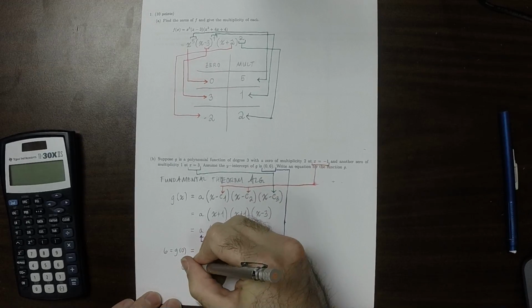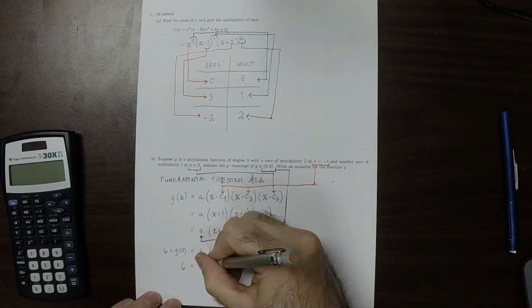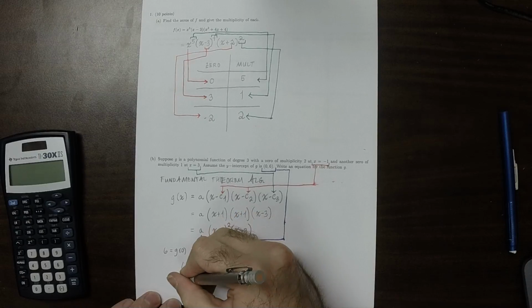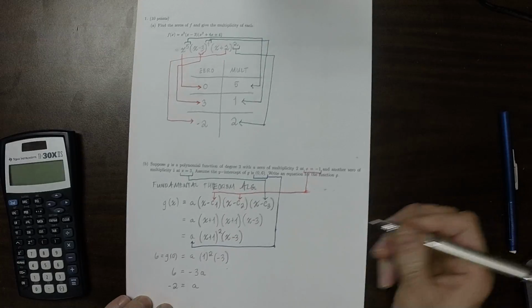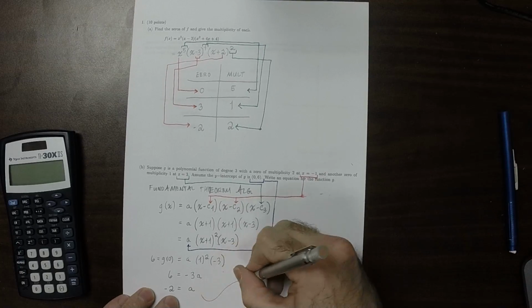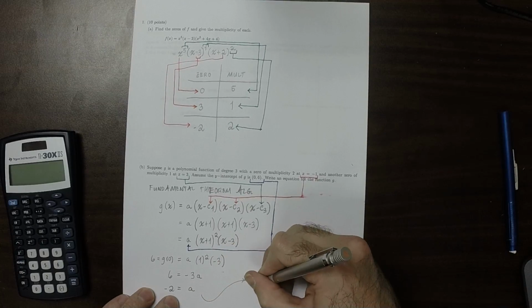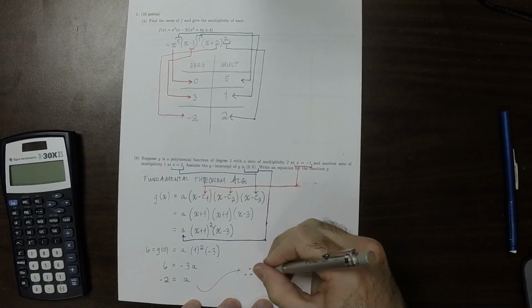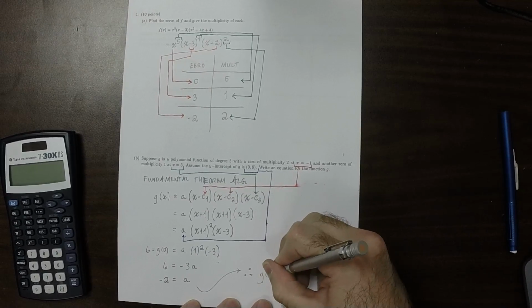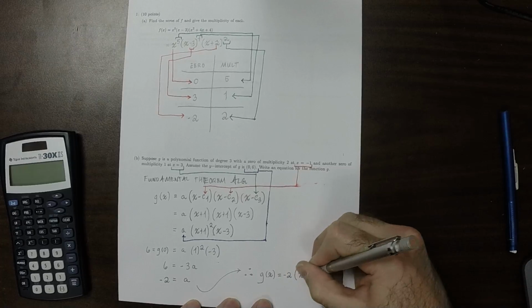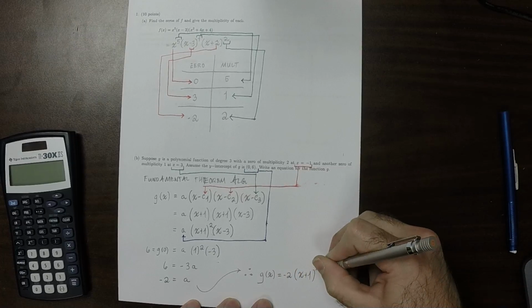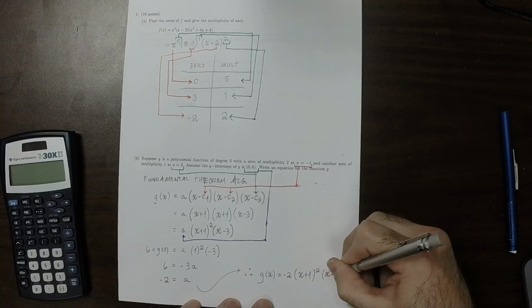So 6 is negative 3a, so negative 2 is a. And therefore, we have determined that g of x is negative 2 multiplied by x plus 1 squared multiplied by x minus 3.